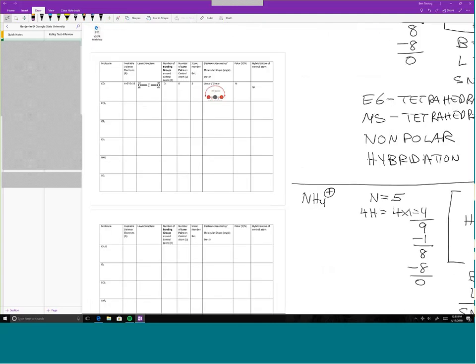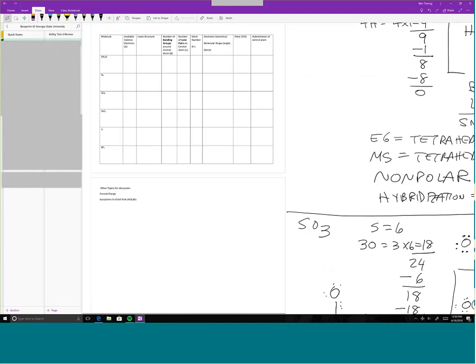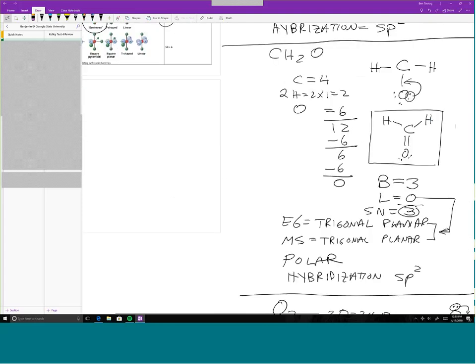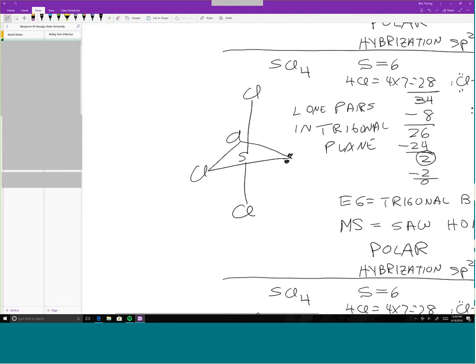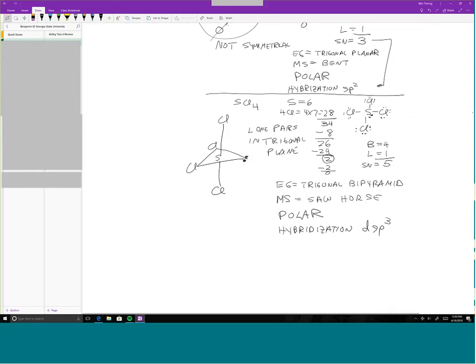So we use 1 d orbital, the s orbital, and the 3 p orbitals to come up with 5 hybrid orbitals. Okay, so we're now into steric number 5. Okay, next, we only got 3 more examples and then we'll be done.